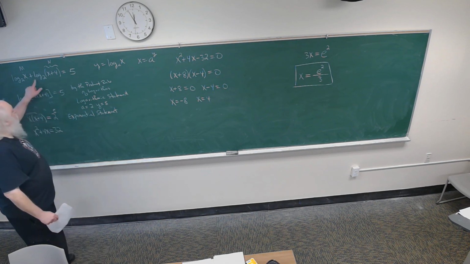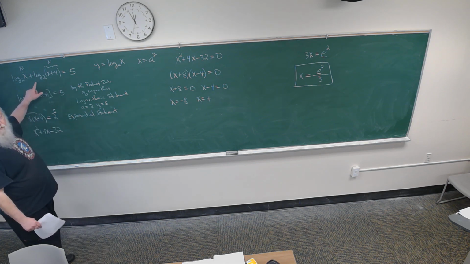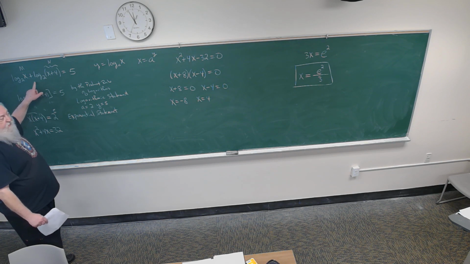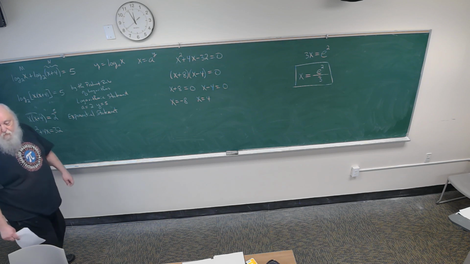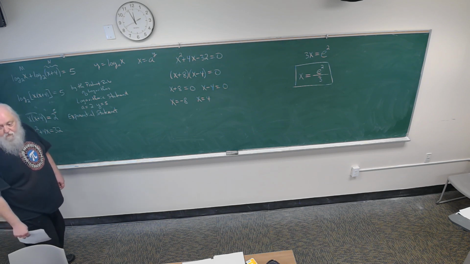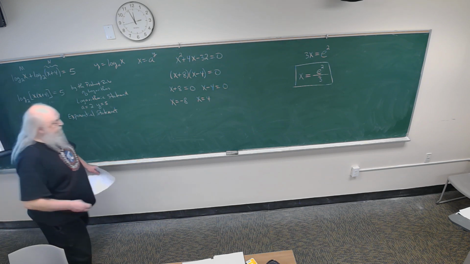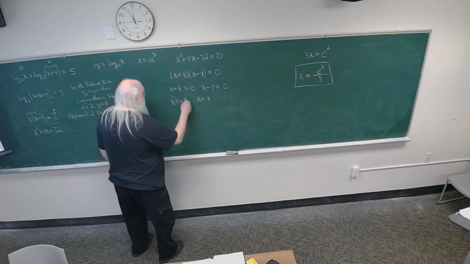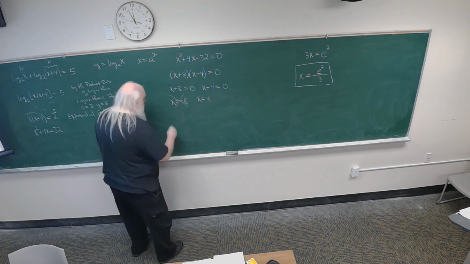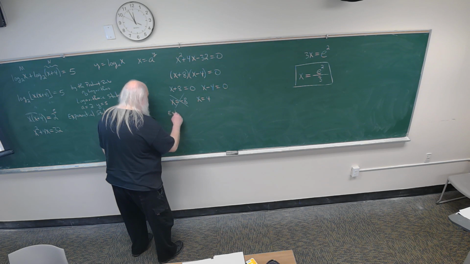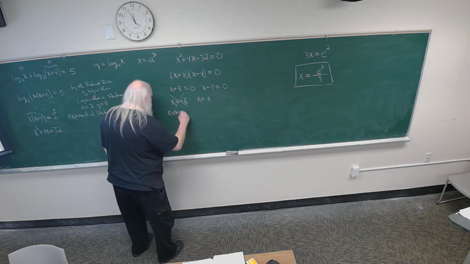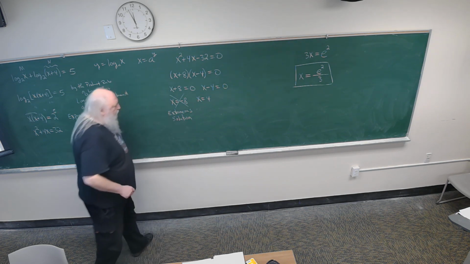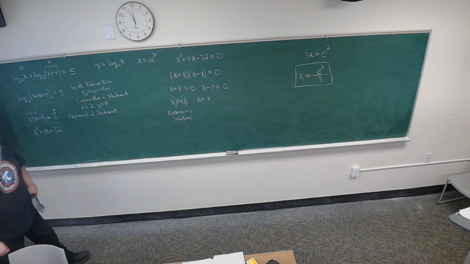It appears there are two solutions to our original equation. Minus 8 and plus 4. But one of those is actually a bogus solution. Which one is it? Negative 8. And instead of calling it a bogus solution, we call it an extraneous solution. Okay. Why is that?